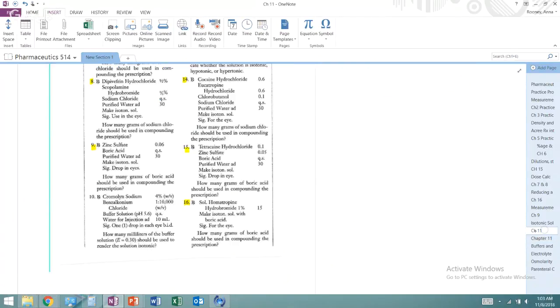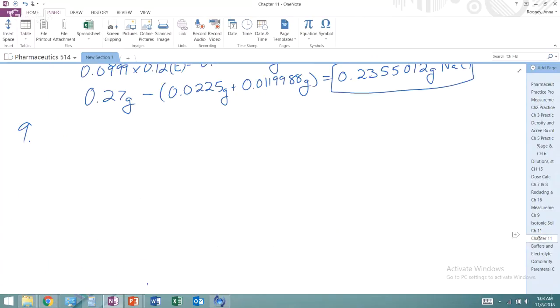Okay. All right, so we're going to have zinc sulfate, boric acid, and purified water. And then you have to add boric acid instead of sodium chloride this time. So what I'm going to do is write down how much we need of each thing, a recipe to double check I have it.